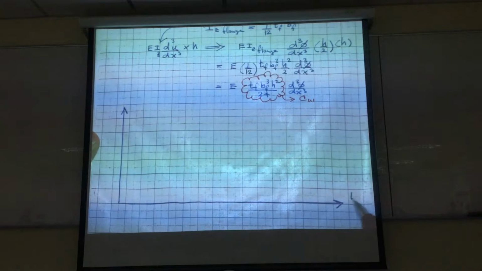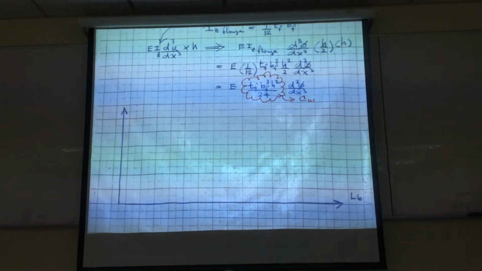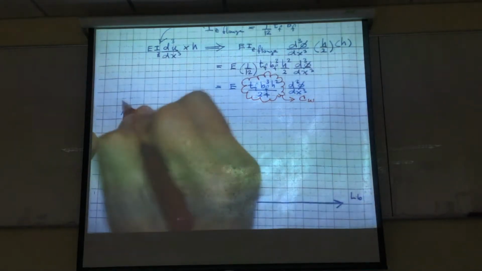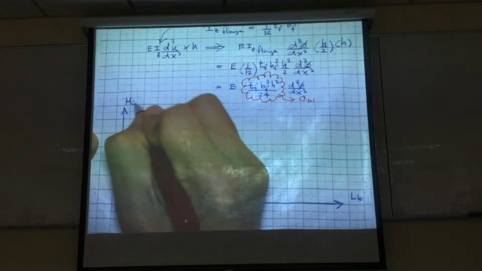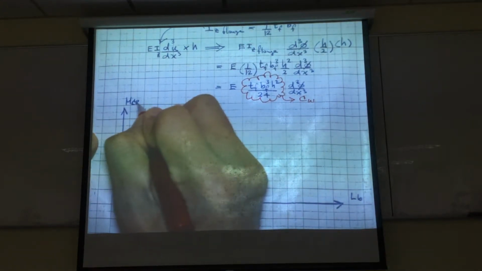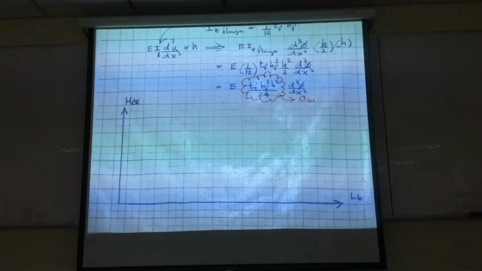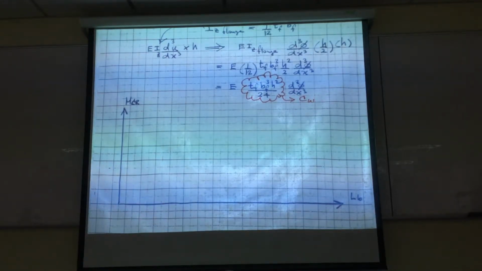So this horizontal axis is the L_b. The vertical axis is the moment, which is M subscript cr, the critical moment. So the failure of the beam with the bracing L_b, which is the unbraced length.